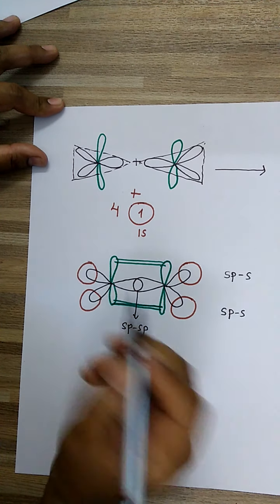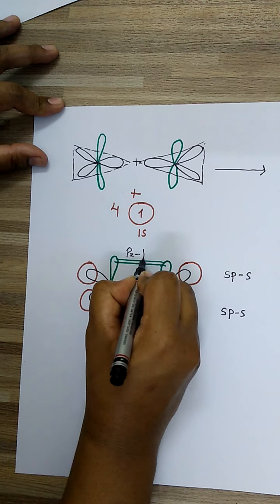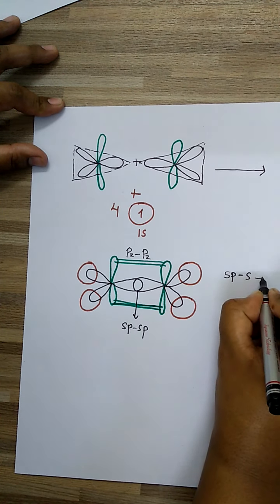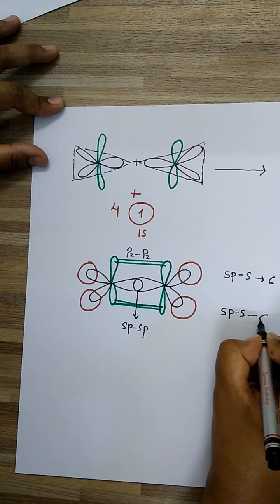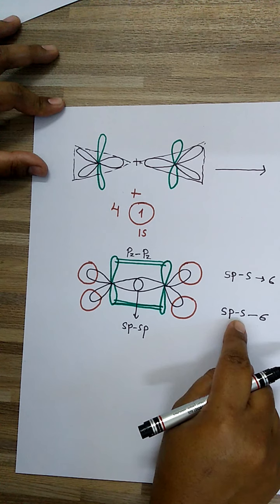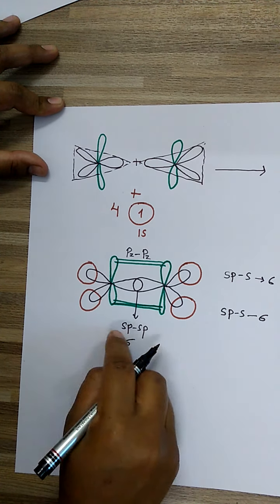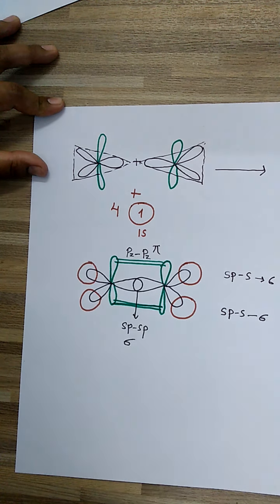And these two are the overlap between pz and pz orbital. So this is your sigma bond. This is also your sigma bond because it contains s character. This is also a sigma bond because it contains s character, and this one would be a pi bond.